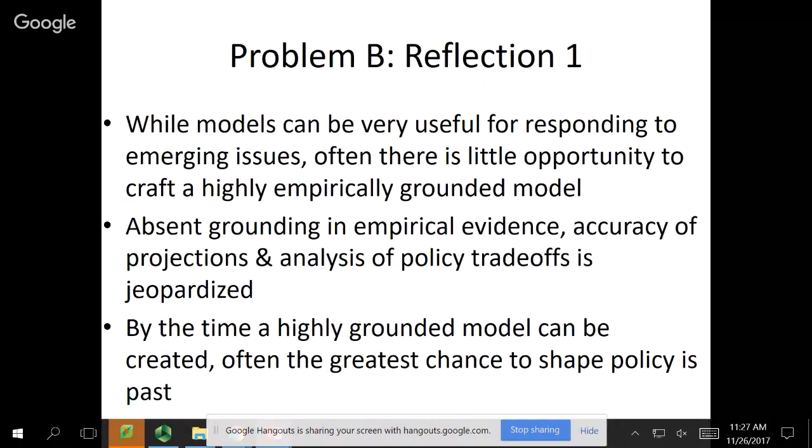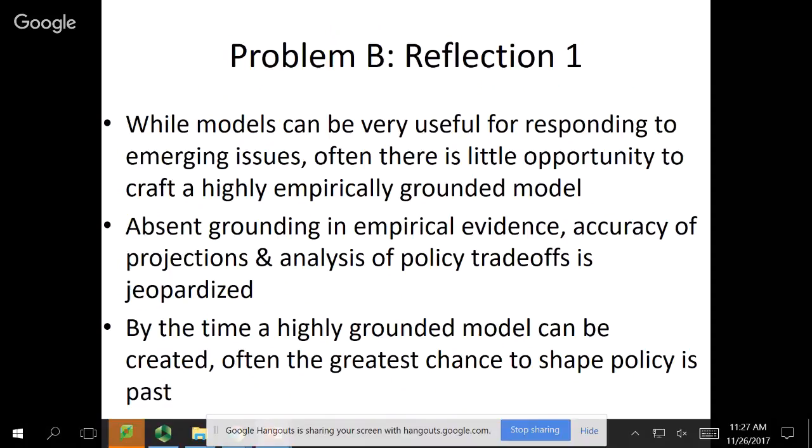Now, part of what makes this challenging for us as modelers, even with these very powerful tools of dynamic models, is that for outbreaks, and particularly for outbreaks of new conditions, of new diseases, think SARS, the severe acute respiratory syndrome that crested in the early 2000s. Think MERS, the Middle East respiratory syndrome.